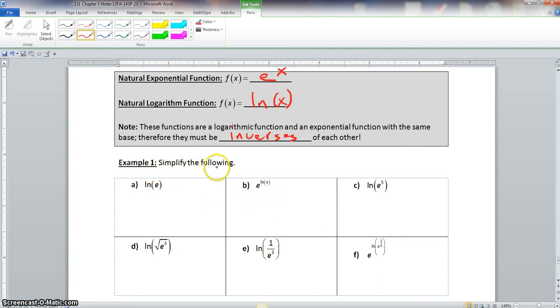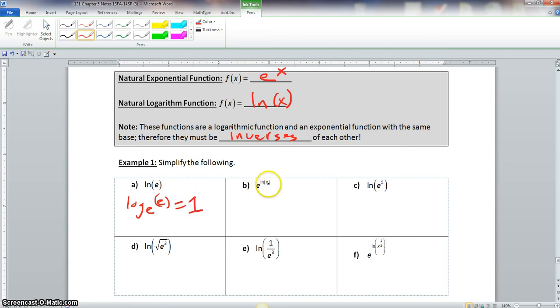Now, example 1, it says simplify the following. We have the natural log e. Now, natural log e is the same thing as saying log base e of e. Now that equals 1.